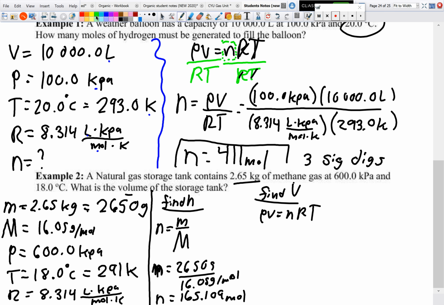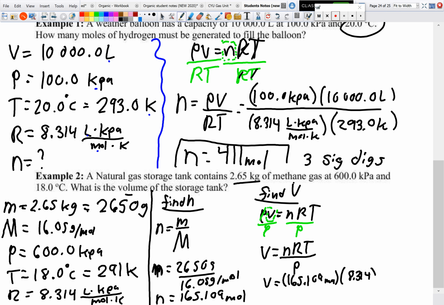Now in this case, we are isolating for V, right? So in order to isolate for V, we have to divide both sides by pressure. And we're left with V is equal to nRT all over P. So V is equal to the number of moles we just solved for, times R, 8.314.